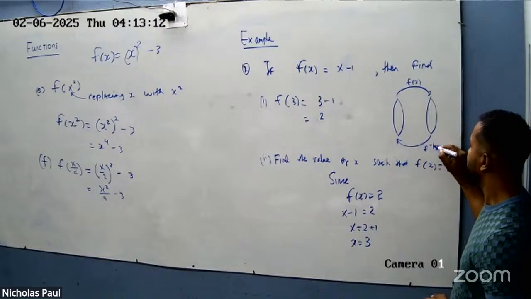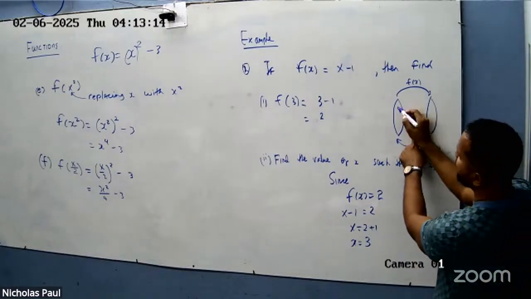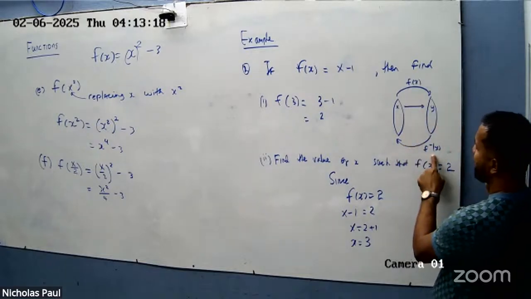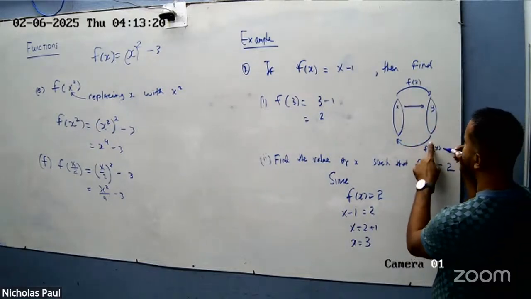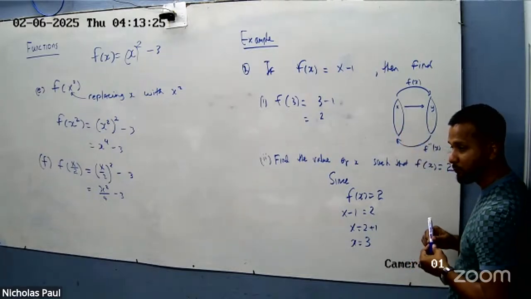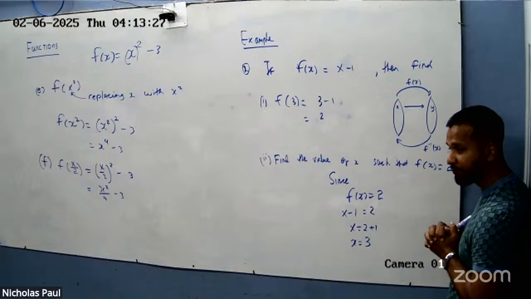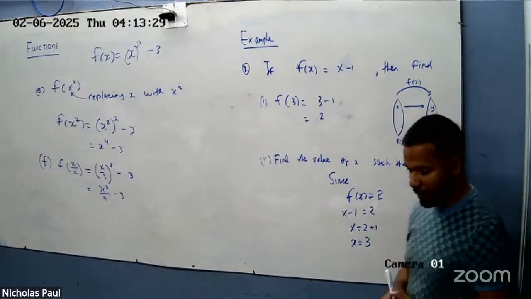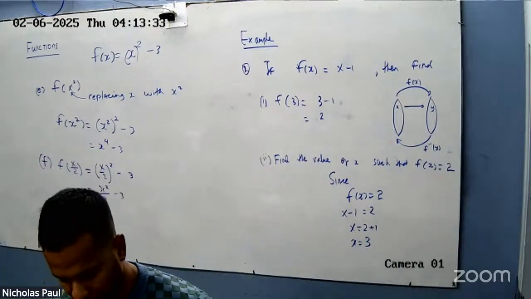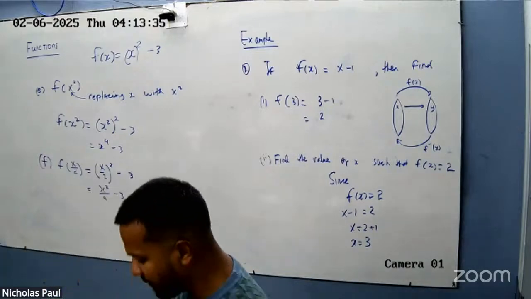Initially I showed you how to go x to y. Now, if I find something called the inverse, I can go y to x. So I'm going to show you how to find the inverse another one.